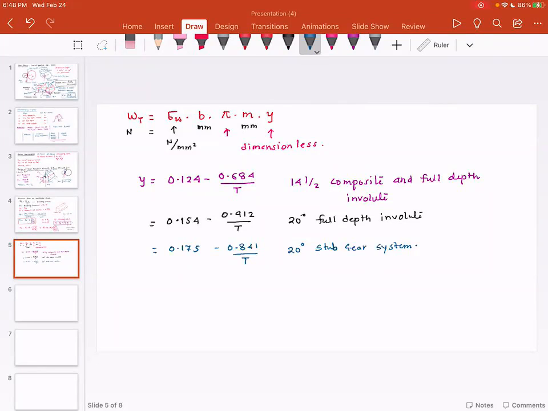Now, this needs a little discussion. Sigma W is actually called the working stress.